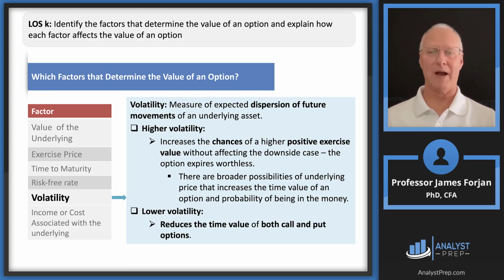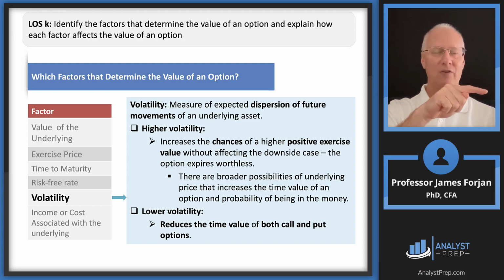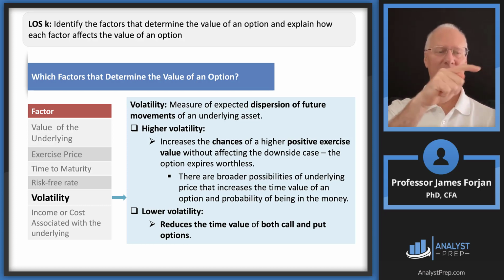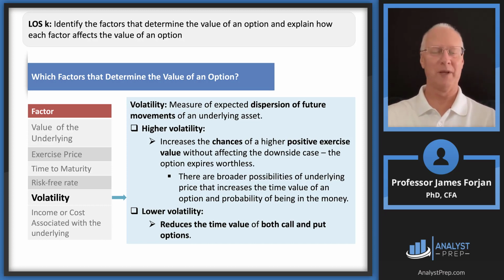Volatility, we're going to talk at length about volatility, especially when we get to Level 3. We're going to talk about things like volatility smile. But for now, all you need to know is this. I'm going to draw a little line here. Ready? So how much would you pay me to write an option in which the share of stock did this? Can you see my little squiggly lines? So the share of stock goes up a little bit, goes down a little bit, goes up a little bit, goes down a little bit.